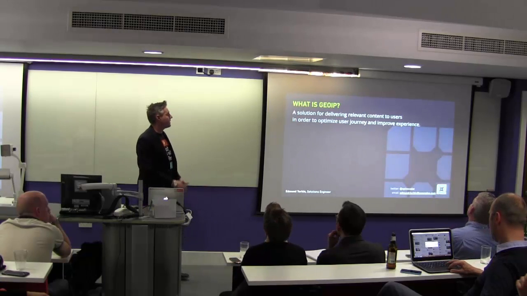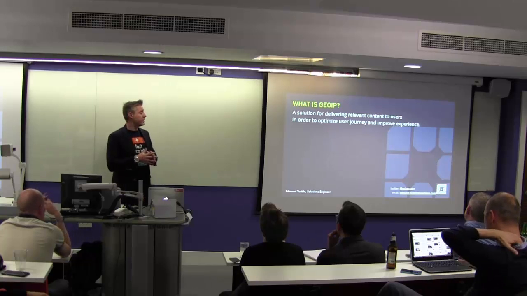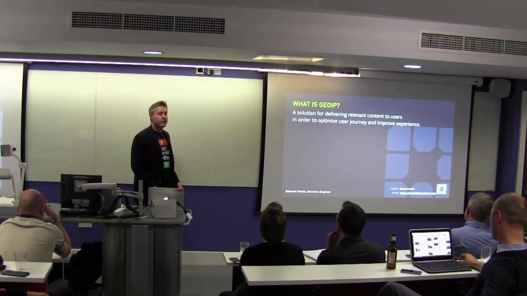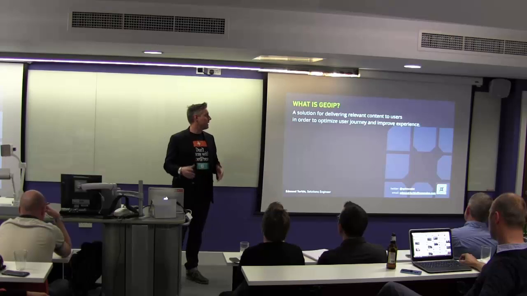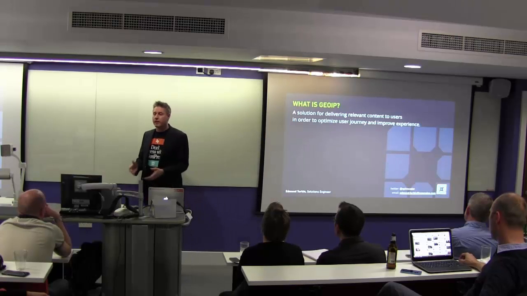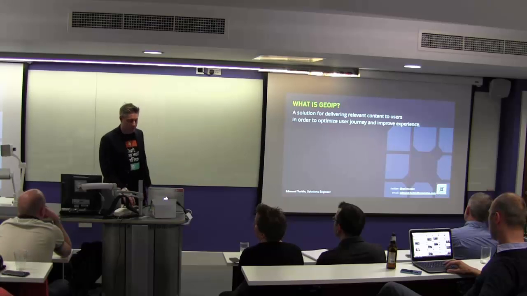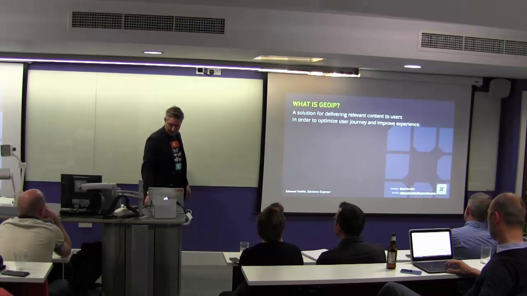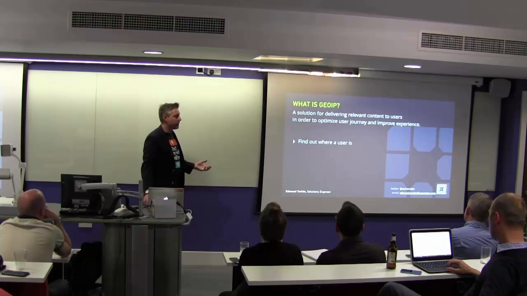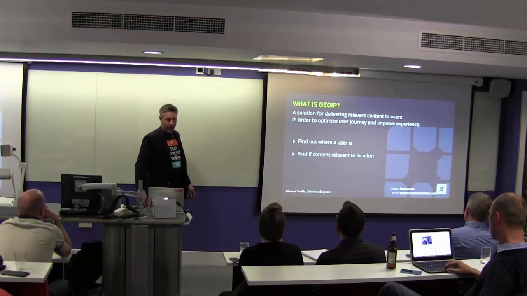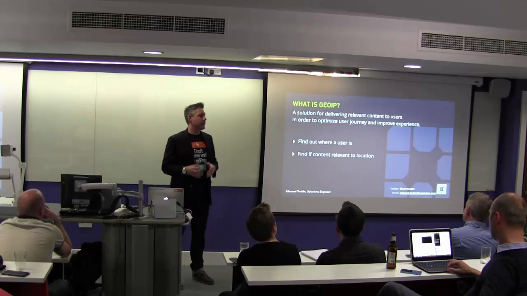So GeoIP is a solution for delivering relevant content to users. It's based on finding and locating a user, and it's helping to optimize user experience and the journey that you have on a website. So you're looking to find a user, locate them by an IP, and see if there's any content that is relevant to them.